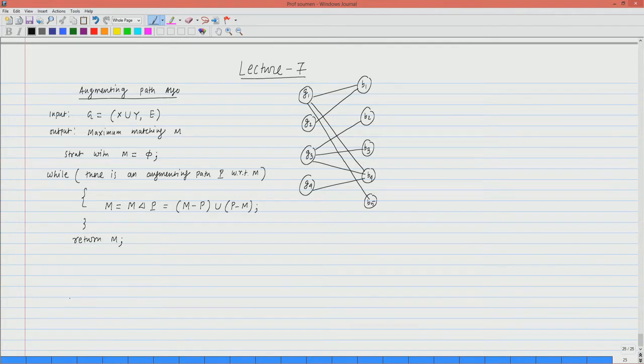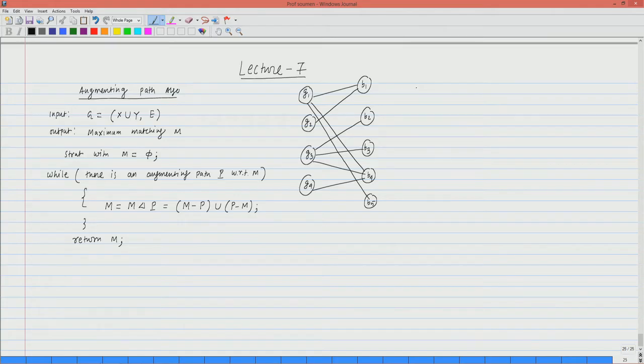Well, this is the same graph that we considered in the previous class. Let me illustrate this algorithm with respect to this graph given here. We will try to find maximum matching in this bipartite graph.